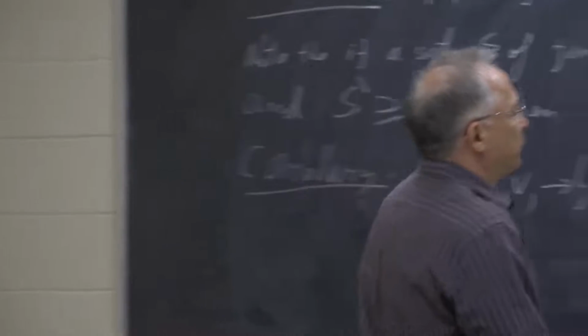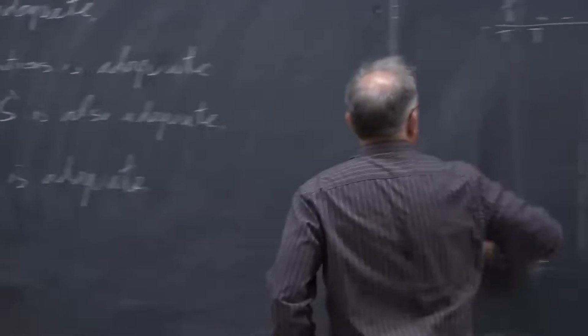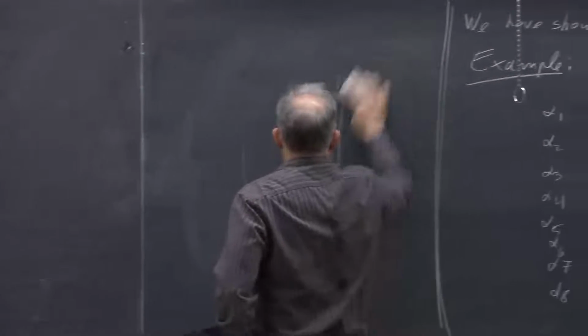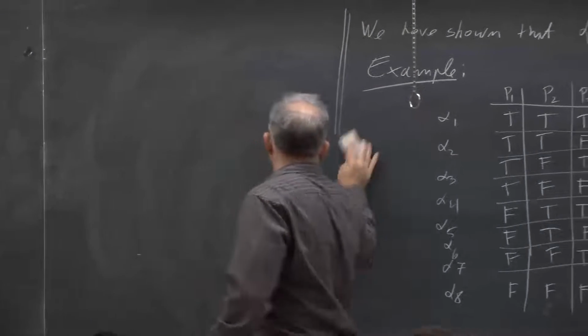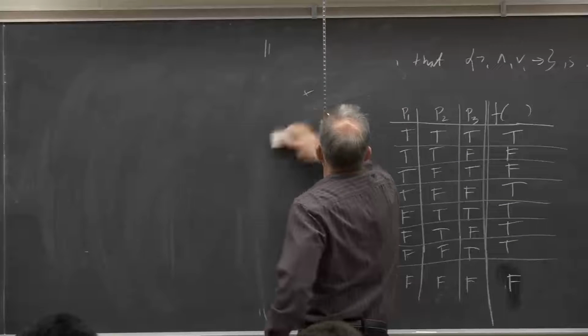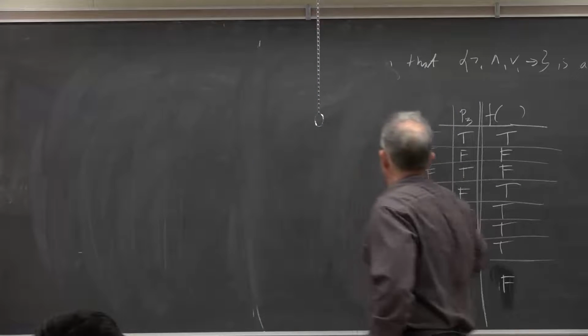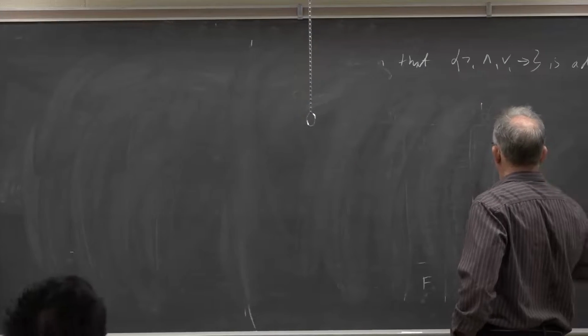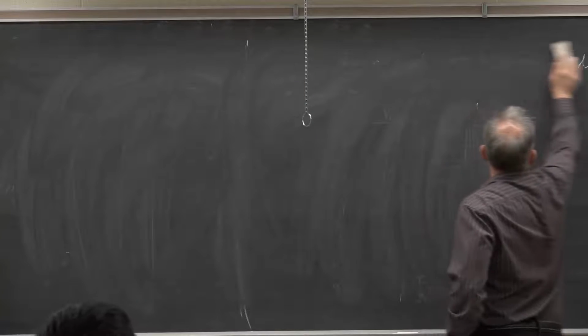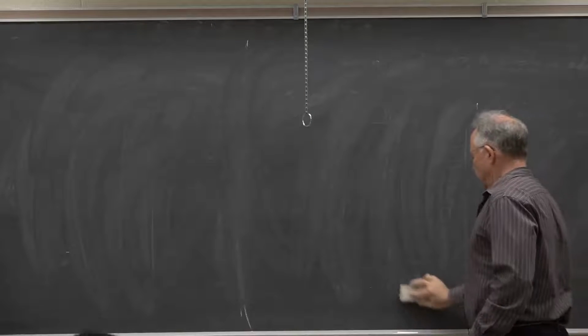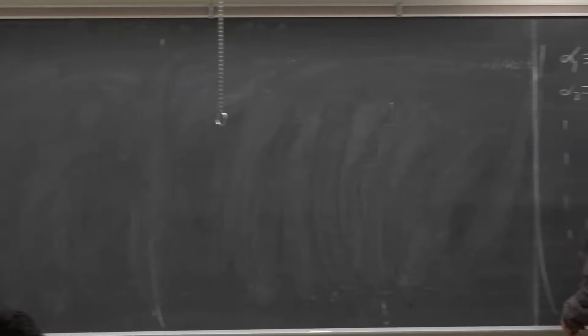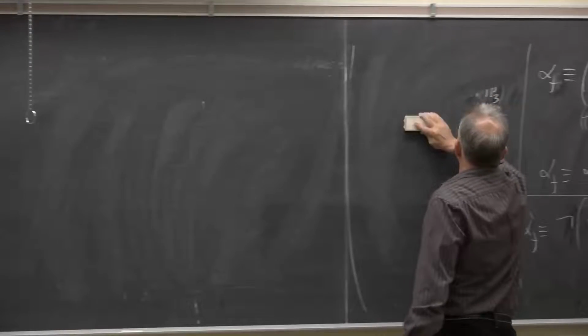So we want to have tools to be able to check whether a given system is adequate or not. So let's now, after we saw a positive result, let's see a negative result.